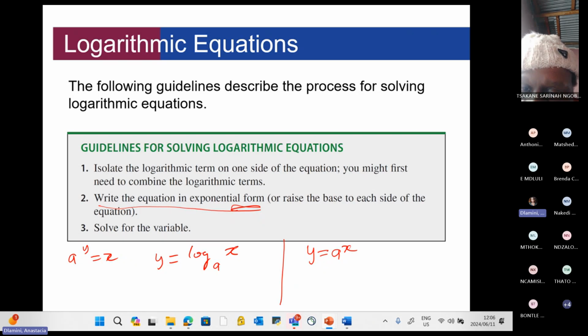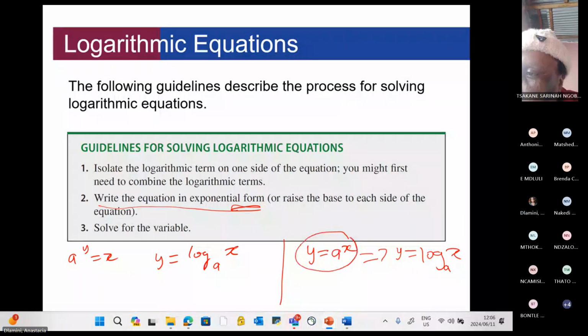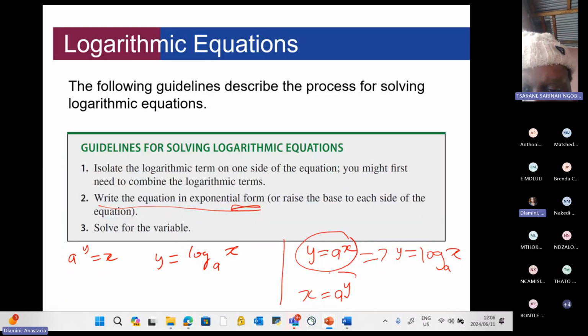It is a logarithmic function, isn't it? Do you remember that part? Yes. And we said the inverse, then we can write it as y is equal to log of x base a. That's what we said, right? That's the inverse. But when we are finding the inverse, what do we do to the exponential function? We interchange x and y, then it becomes this. Do you see that? Yes, ma'am. So this part is actually that part over there.